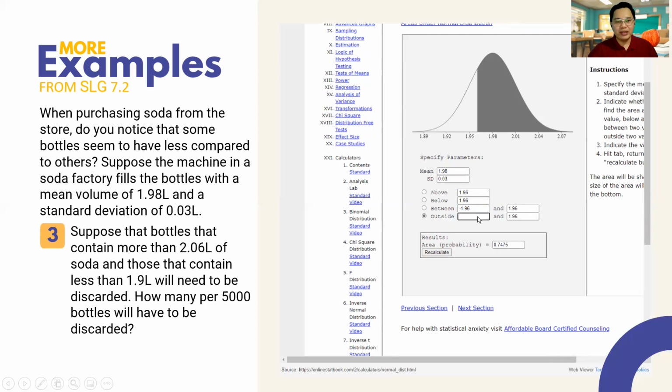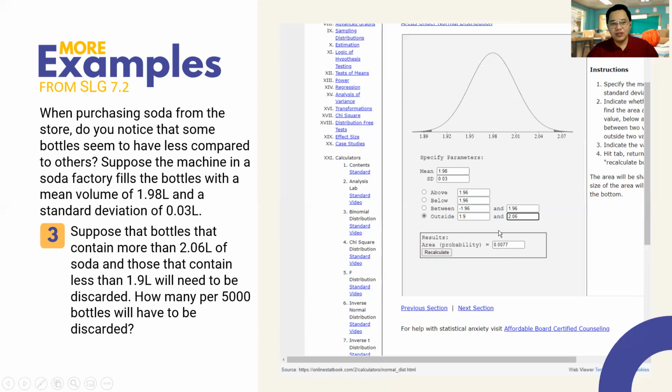The lower limit is 1.9, while the higher one is 2.06. Let me enter that and press enter to recalculate. Notice that the regions shaded in the illustration are those in the left and right tails. These two regions together cover a total area of 0.0077.